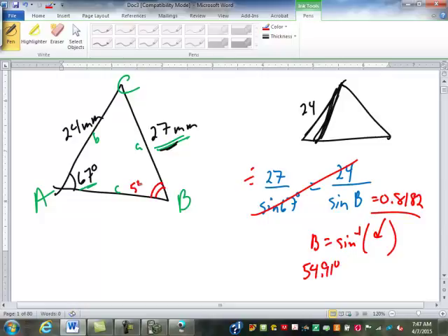So that was this one here. Now we can find this angle here by subtracting from 180. What does that end up being? 68.09 or something like that? 58.09, thank you.